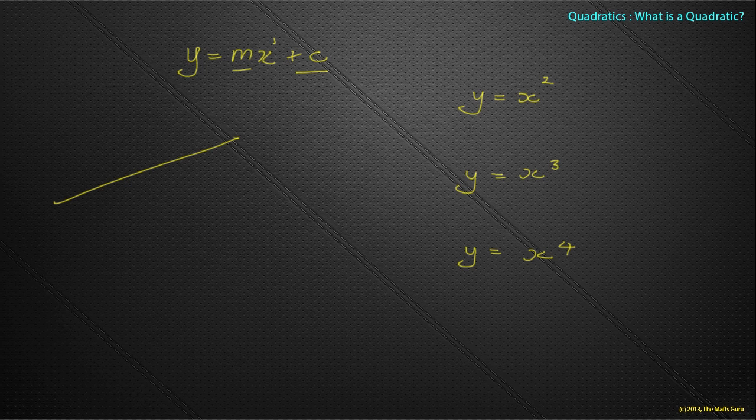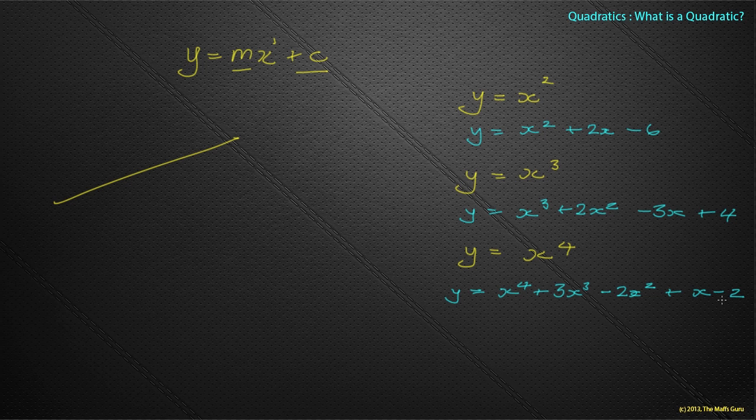Maybe we could end up with an equation like y equals x squared plus 2x minus 6, or y equals x cubed plus 2x squared minus 3x plus 4, or y equals x to the 4 plus 3x cubed minus 2x squared plus x minus 2. These are all equations and they will all give you various graphs.